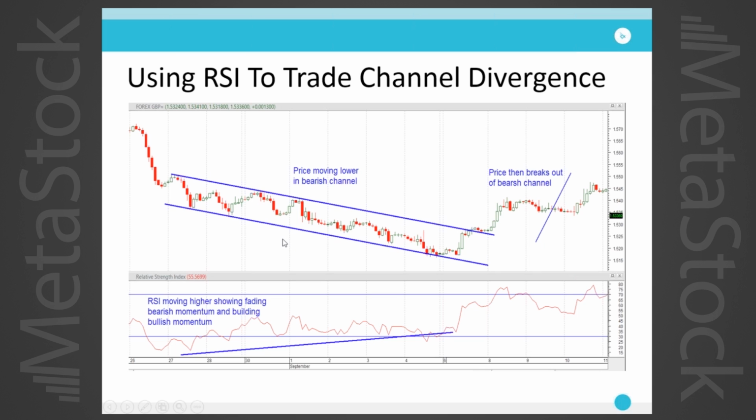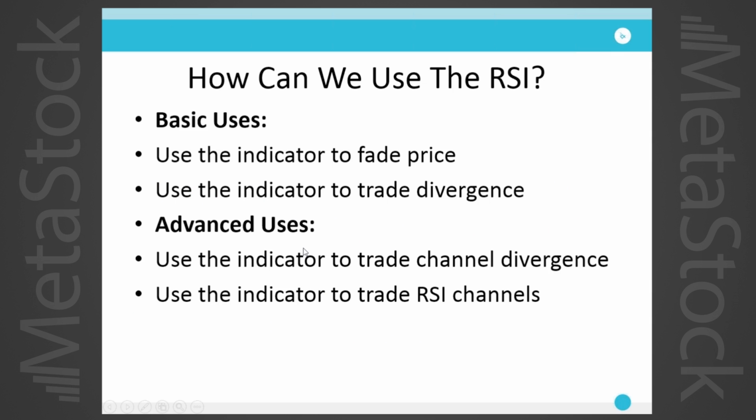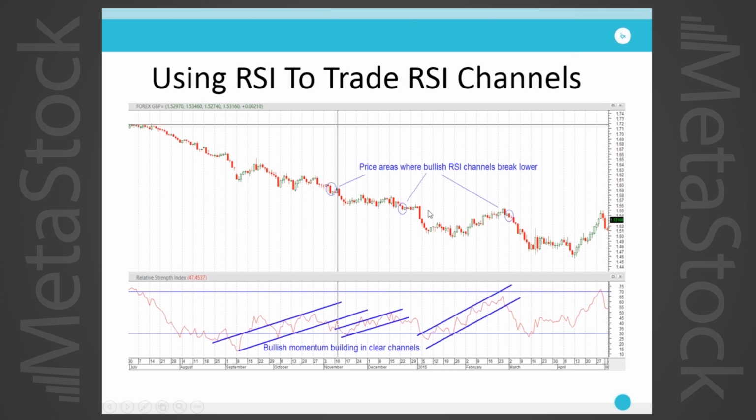Now, my preferred way of employing this option is to look for RSI channels that form within price trend consolidation. So I'll just talk you through what I mean by that. Essentially, when I'm looking to use this method, the conditions that I always want to see in the market, and again, going back to what I was saying about identifying favorable conditions for fading price using RSI, regardless of what strategy you employ, regardless of however you trade, you always want to be thinking in terms of favorable conditions and unfavorable conditions.